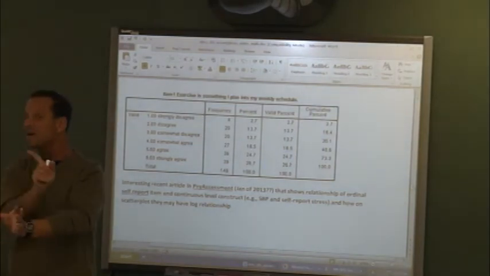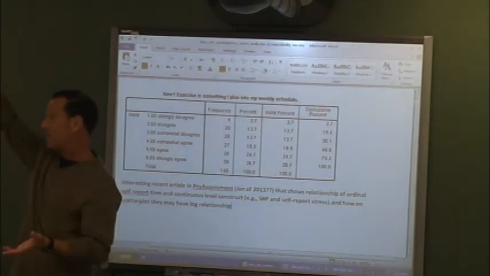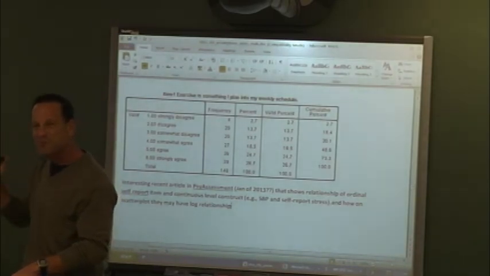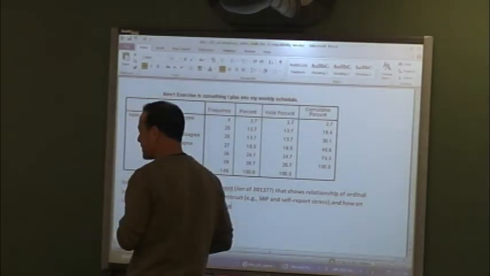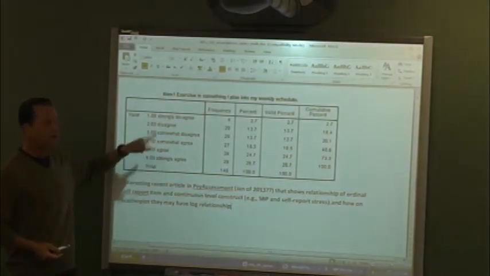If it's kind of linear, you may make an argument that the ordinal is kind of interval. Maybe. If it's not, maybe there's something going on at 4 and 5 on stress as opposed to 2 or 3. It's a really interesting article that I'm going to try to keep in mind to make the compelling argument that this is ordinal or interval.